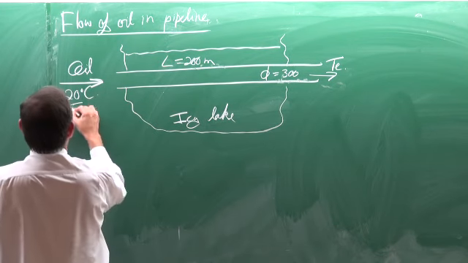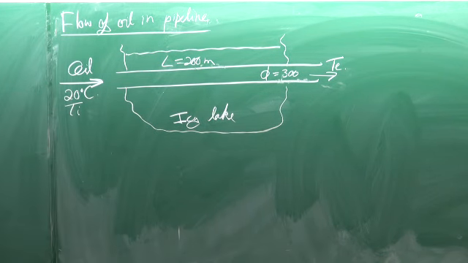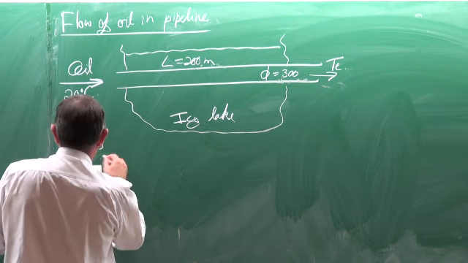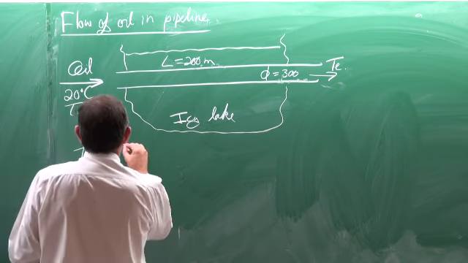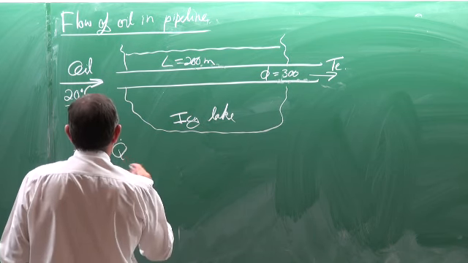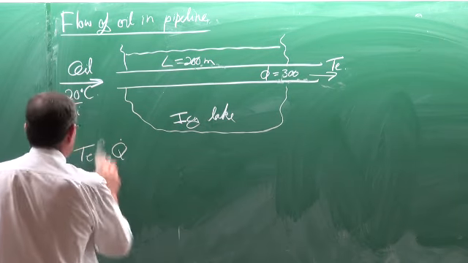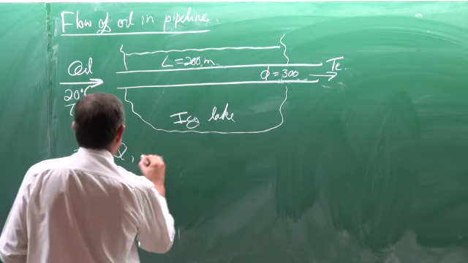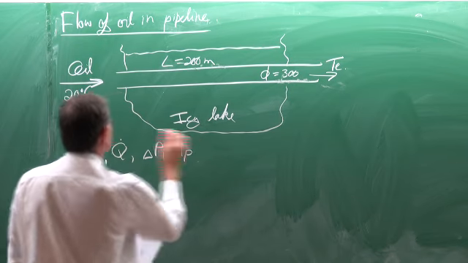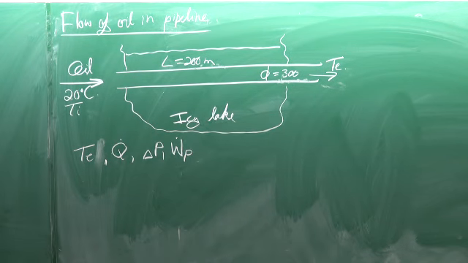We are going to call the inlet temperature TI. We have to calculate the outlet temperature, and we have to calculate the heat transfer rate, the pressure drop, and the work required for the pump.